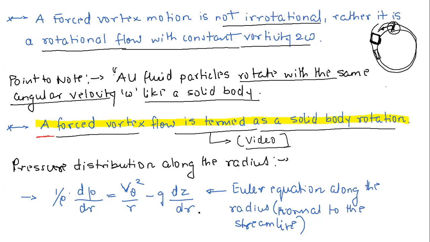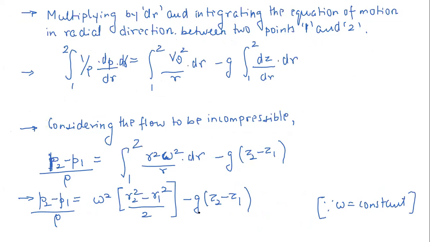Now we have to find out the pressure distribution along the radius. What is the next step? What did we do in case of free vortex flow? Multiplying by dr and then integrating it. Very good, very obvious. Simply multiply it with dr and integrate it.